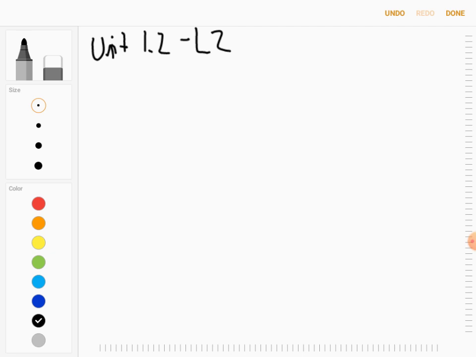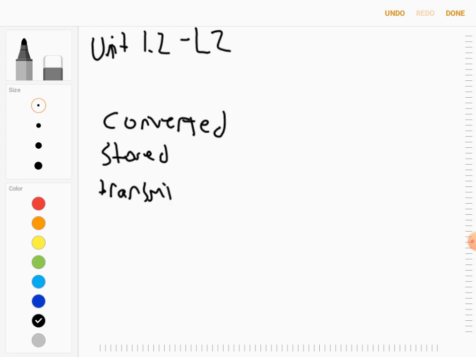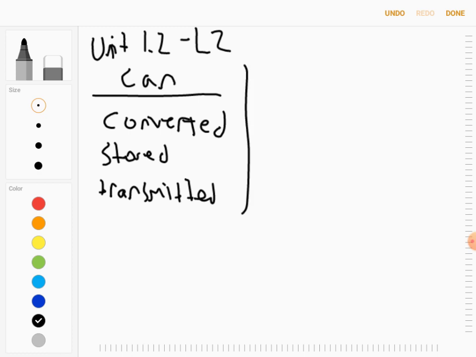So first, we have to figure out some things that electrical energy can and cannot do. It can be converted, it can be stored, and also can be transmitted. So that's things that it can do or be.